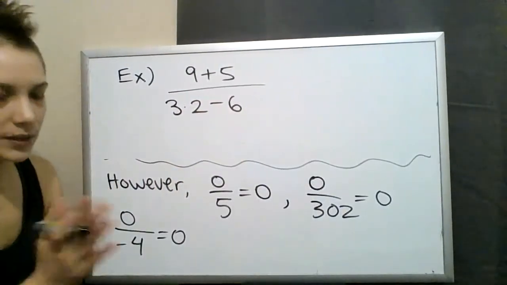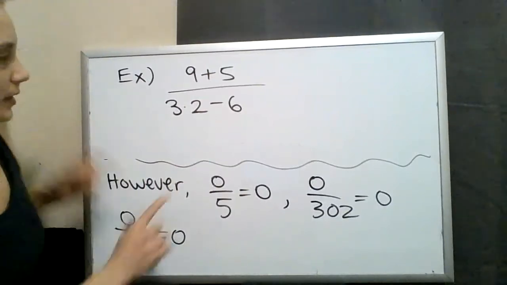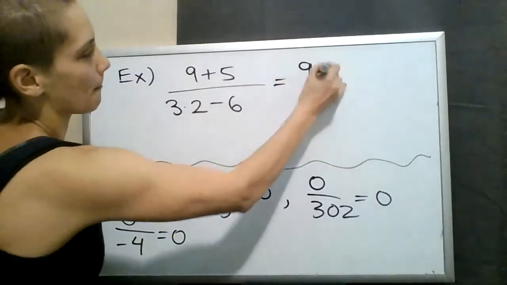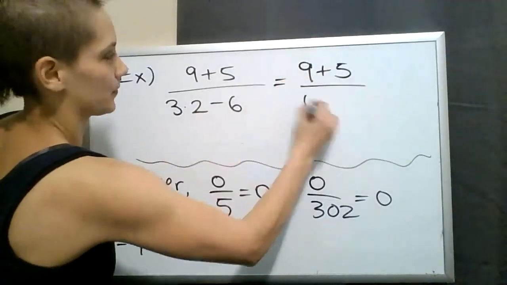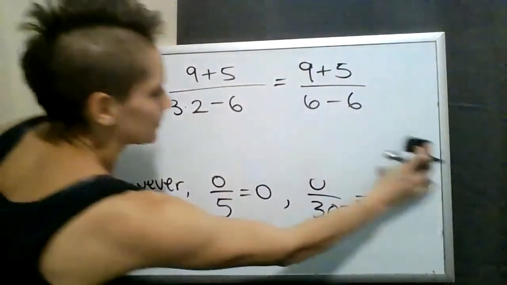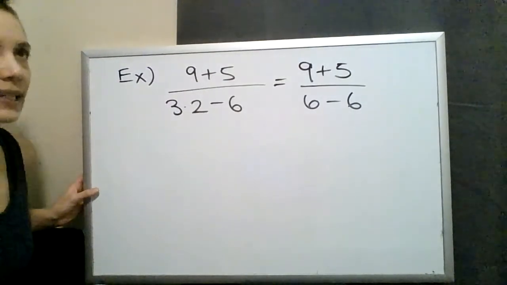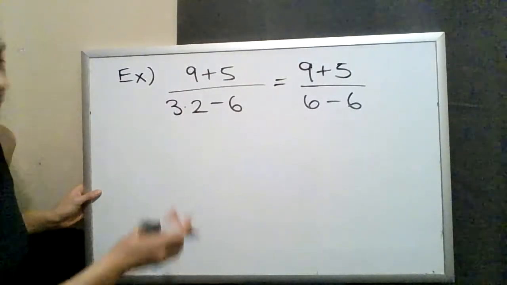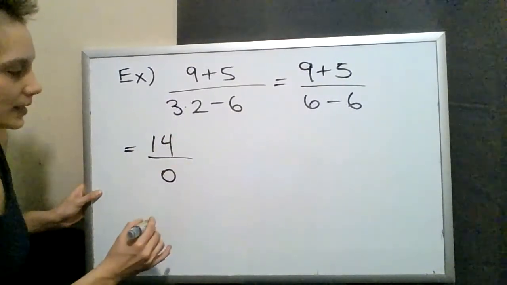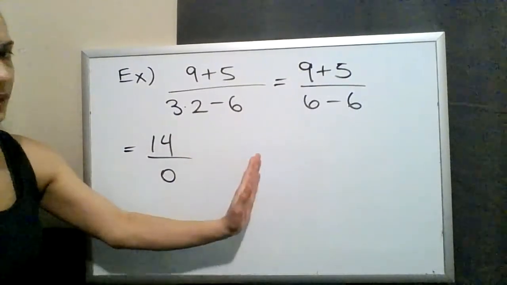So we want to keep with the order of operations and do any multiplication or division first. So multiply 3 with 2. And 9 plus 5 is 14. It's over 0. And when you have a number over 0, it's undefined.